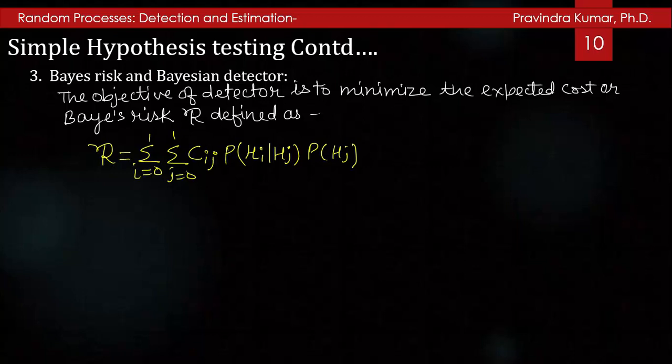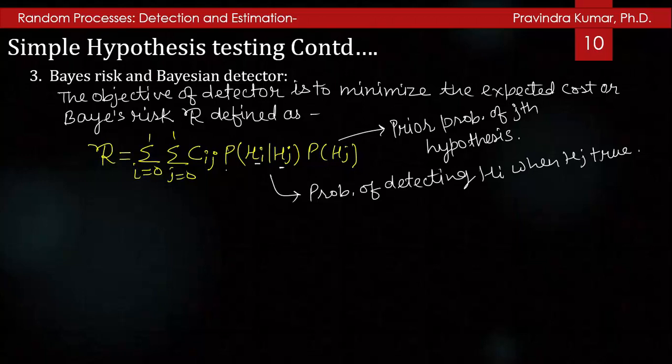summation i equals 0 to 1, summation j equals 0 to 1, Cij P(Hi|Hj), which means the conditional probability when you have decided Hi but Hj was true, and the probability of Hj. This P(Hj) is the prior probability of the jth hypothesis, and this is the conditional probability of detecting Hi when Hj is true.